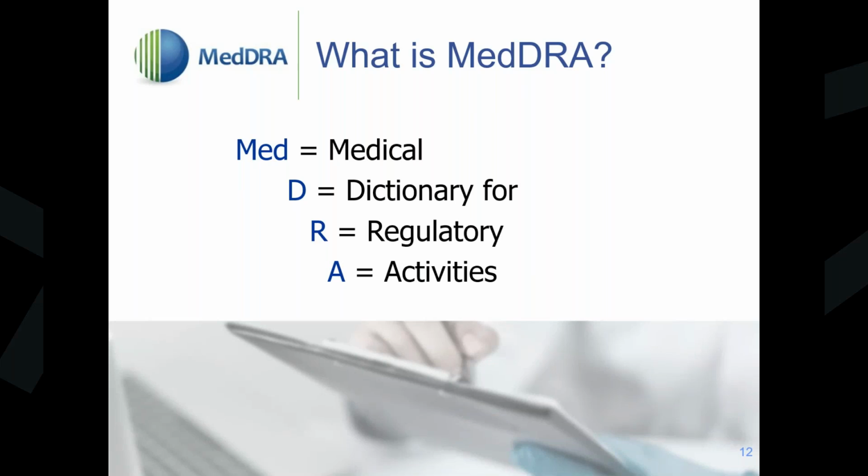They are considered sibling terms or sister terms that mean the same concept. And we'll talk about that when we talk about the hierarchy of MedDRA. So for example, if you want to say abdominal pain or belly ache or abdominal cramp, these are all sister terms in MedDRA, and they represent the same main medical concept.